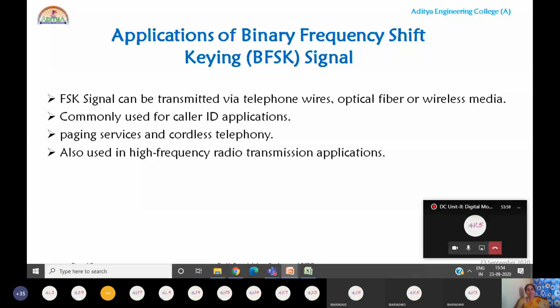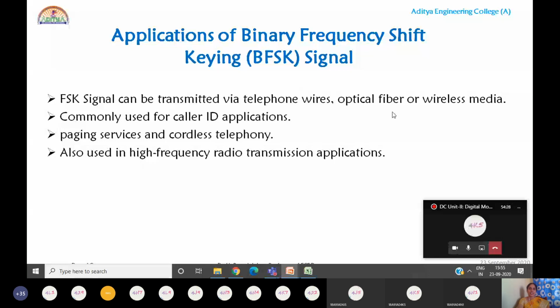So you cannot receive their data, but you can say what you want to tell by using pagers. And even you can prefer it for cordless telephony. Also it is used in high frequency radio transmission applications. But the main drawback here is it needs a large amount of bandwidth, and the probability of error is more compared to PSK. These are all the applications of BFSK.